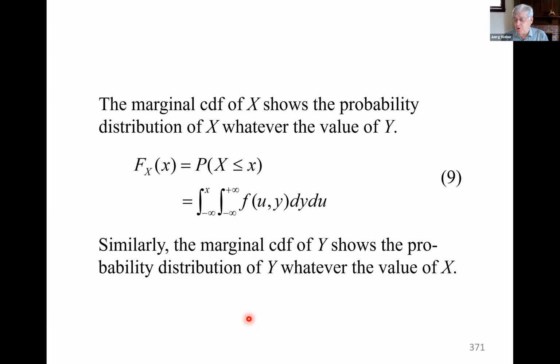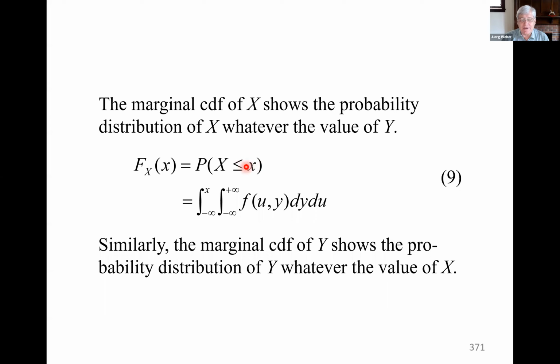Now, what's very important then in the next chapters that we do on the copula is the marginal CDF. The marginal CDF shows the probability distribution of x, whatever the value of y. So it's a probability that x is smaller than this critical value, whatever the value of y.